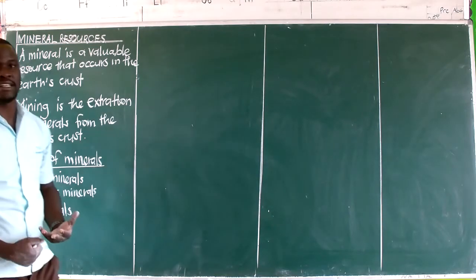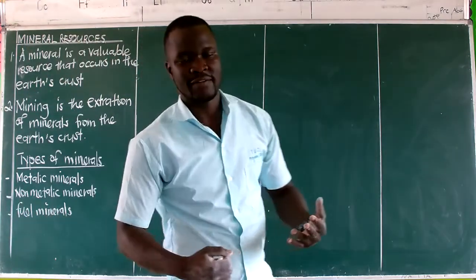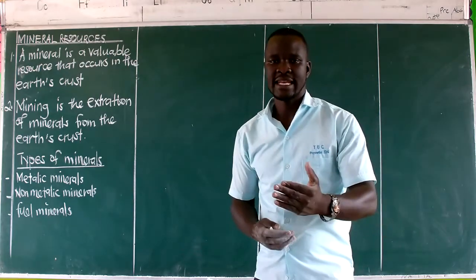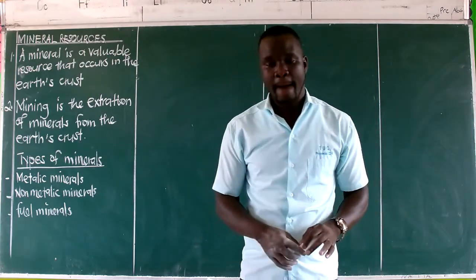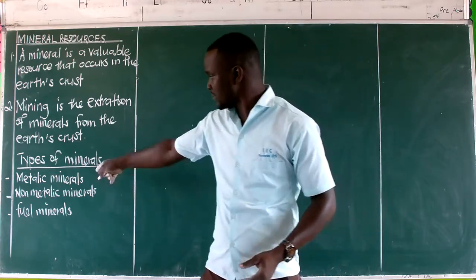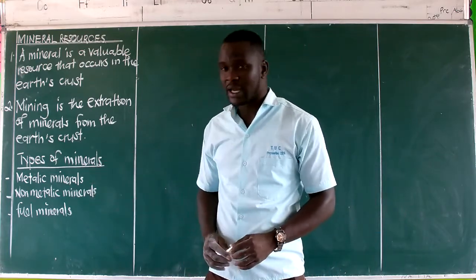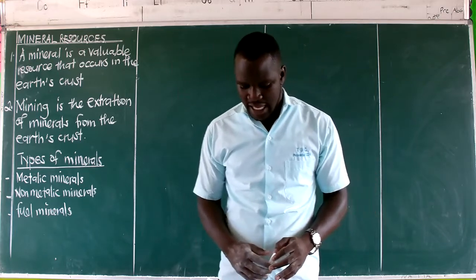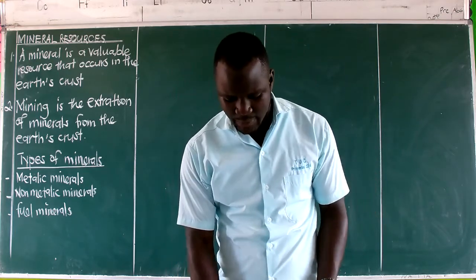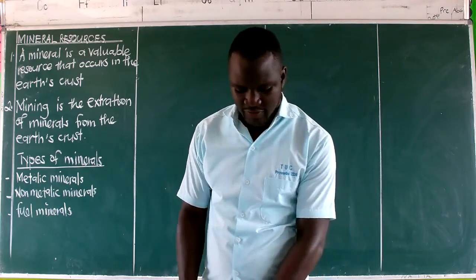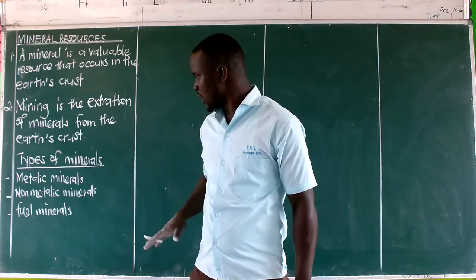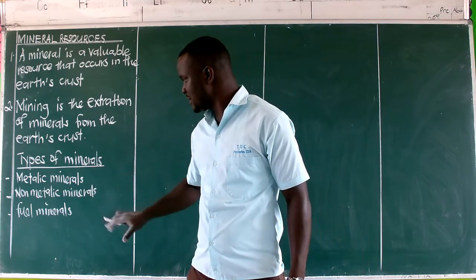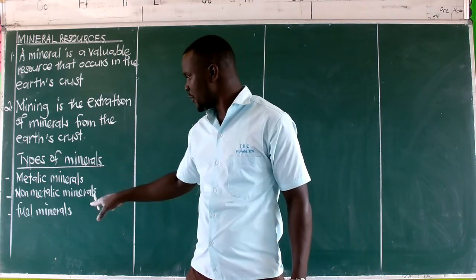So we are having 3 types of minerals on the board. The first is non-metallic minerals, then metallic minerals, and then we have fuel minerals. We are going to be looking at examples of these minerals. But before that, we need to understand what we mean by metallic minerals, non-metallic minerals, and fuel minerals.